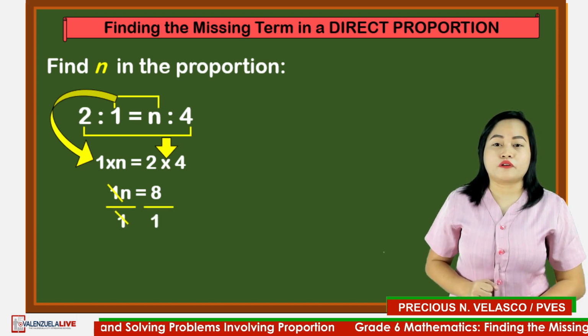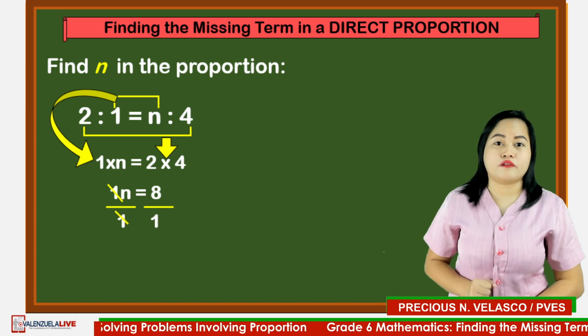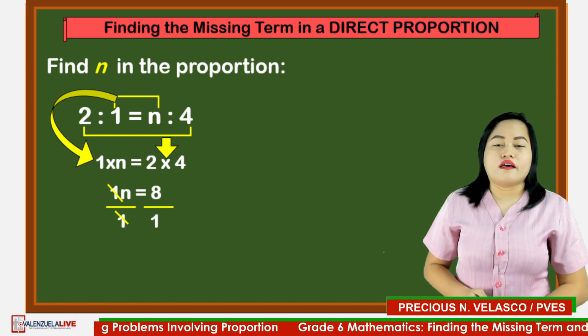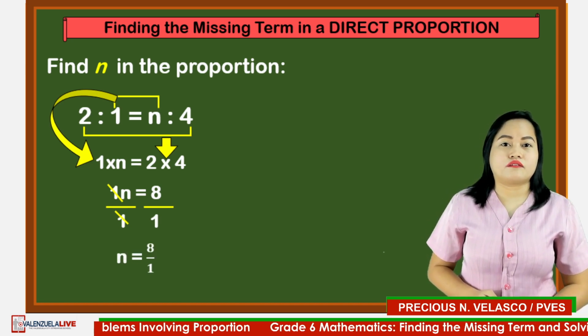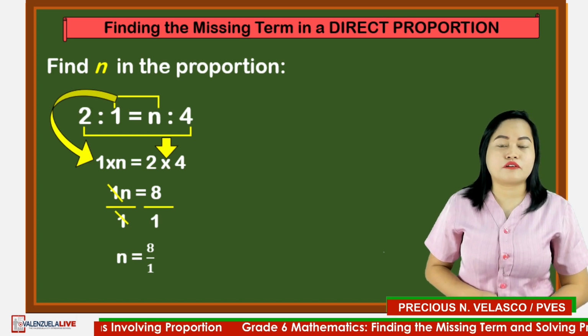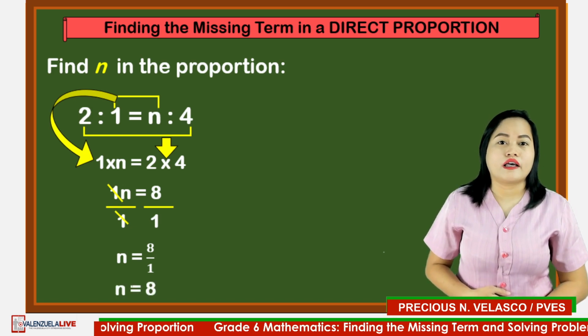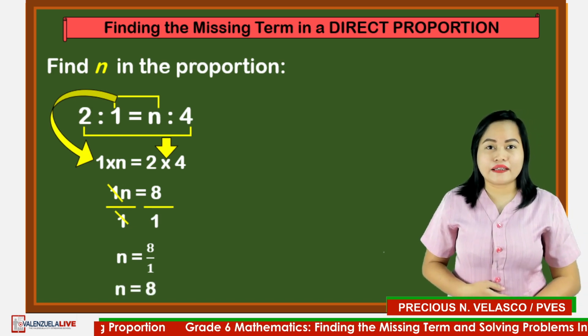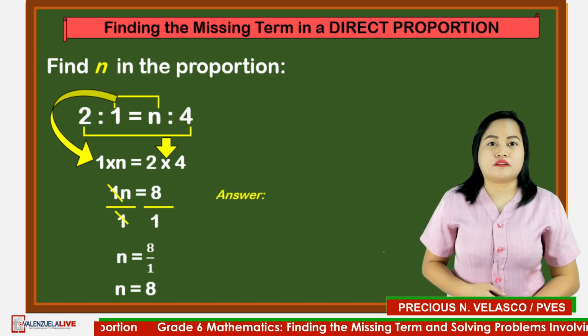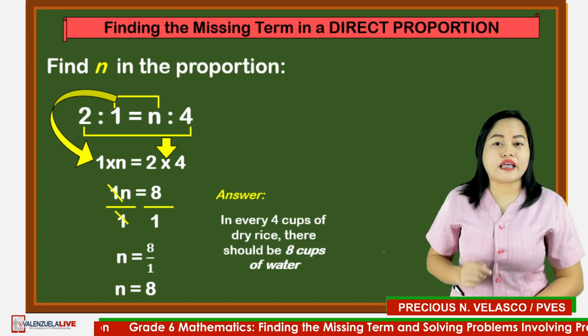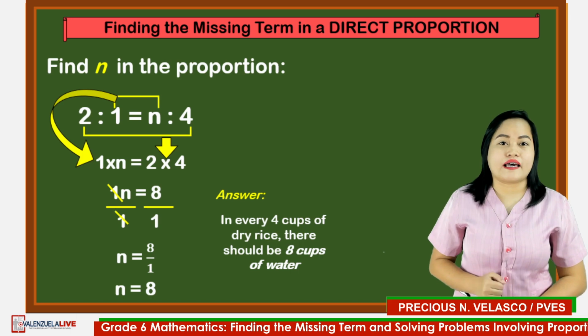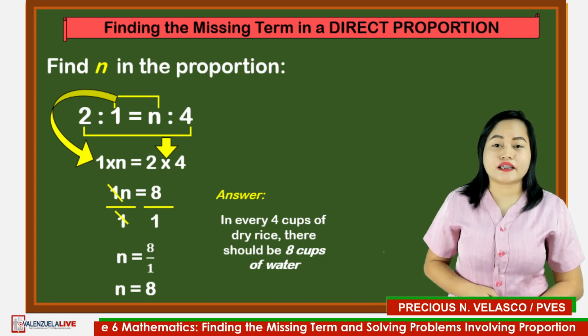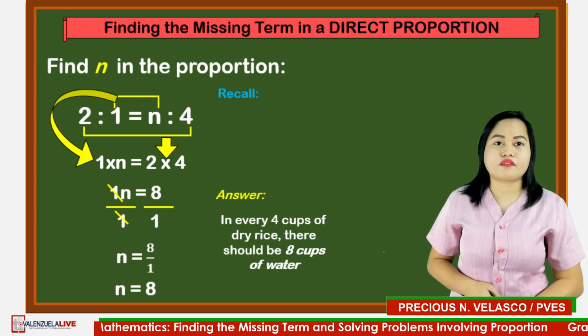Then we are going to divide both sides by 1 to eliminate the coefficient, and we will get N is equivalent to 8/1, or 8 only. So N is equivalent to 8. So for every 4 cups of dry rice, there should be 8 cups of water.